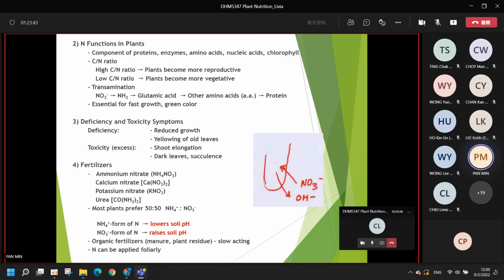So for the fertilizer selections, we suggest to use half for the ammonium, the cation form, and half for the nitrate, the anion form.